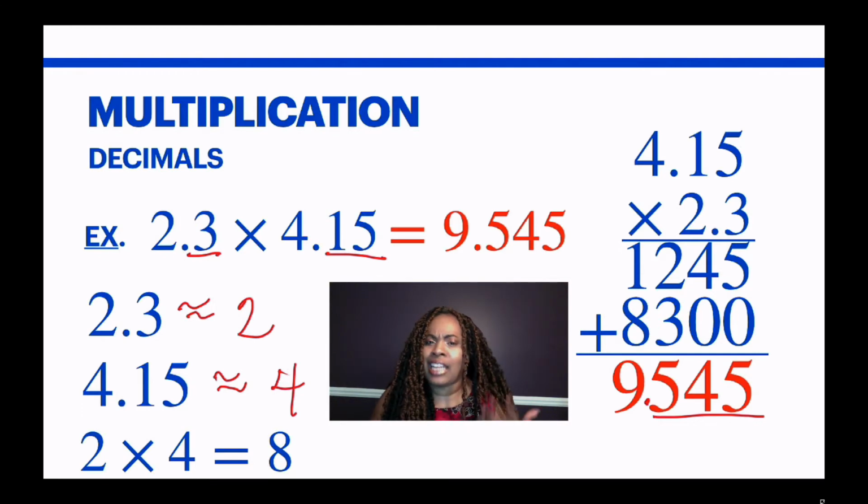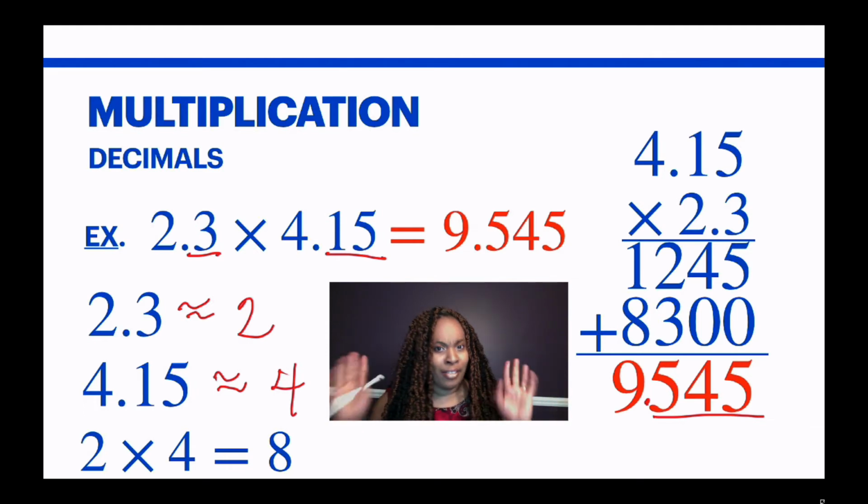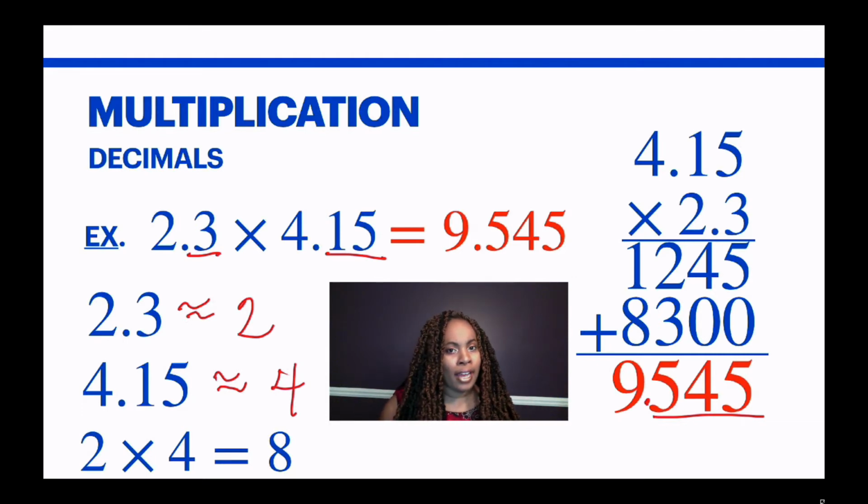So when I say check for reasonableness, we're comparing where the decimal place is at right now. And right now it's behind the 9. So, it's somewhere close to 8, a little more than 8, right? And we're at 9.5. That's way better than if we were to estimate and say 95.45 or 954.5. Now that, in those cases, we'd be in trouble, right? So again, think about those whole numbers that they're close to and approximate, round it, and then multiply and check your answer for reasonableness.